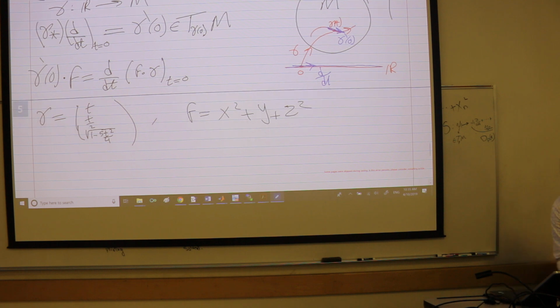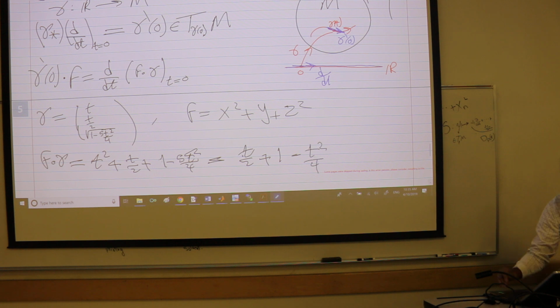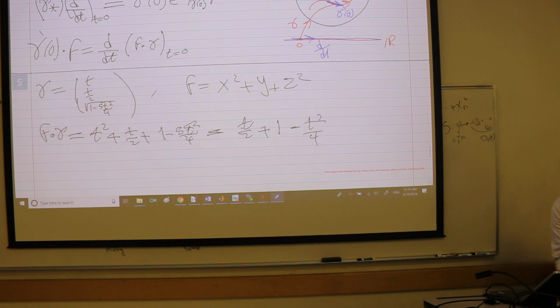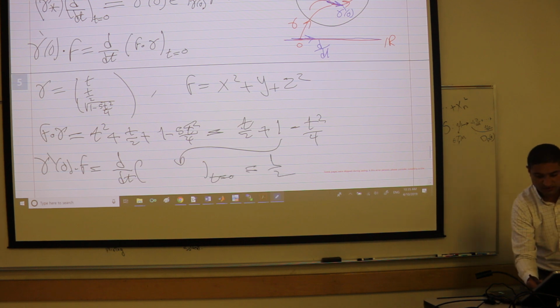Just compose f with gamma, please. So this is the first squared, the second, plus the third squared, right? t squared over 4. So this is t plus 1 minus t squared over 4. This is f composed with gamma. So now the result that you're looking for is simply d by dt of this guy at t equals 0, which is obviously 1/2. It's super simple.